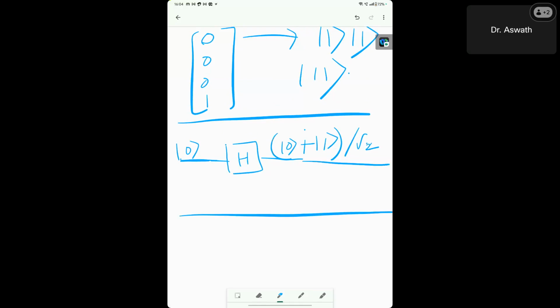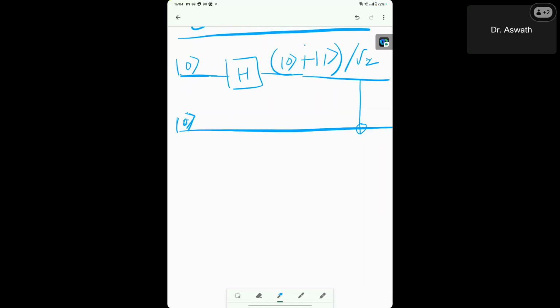I take one more qubit, a quantum system, which is again starting with 0. I act a CNOT gate on this. Okay. So what do you get here as output mathematically, if you cross check, right?